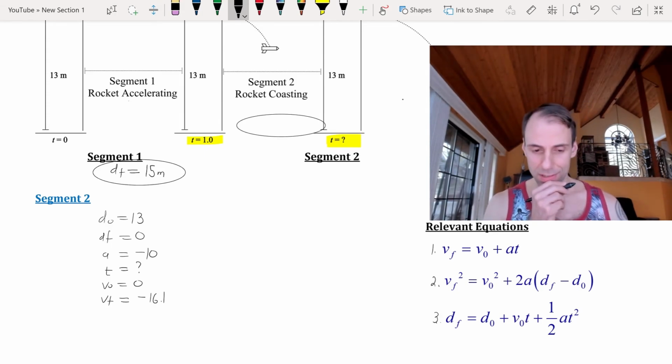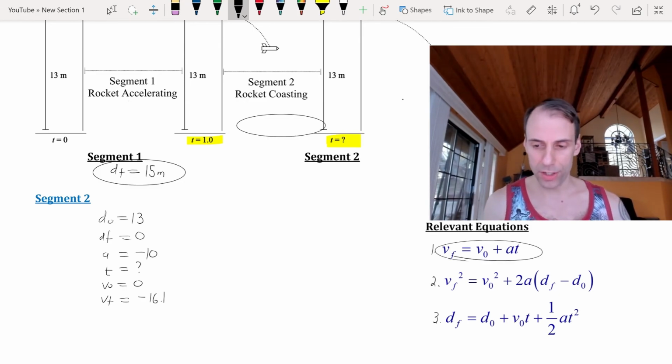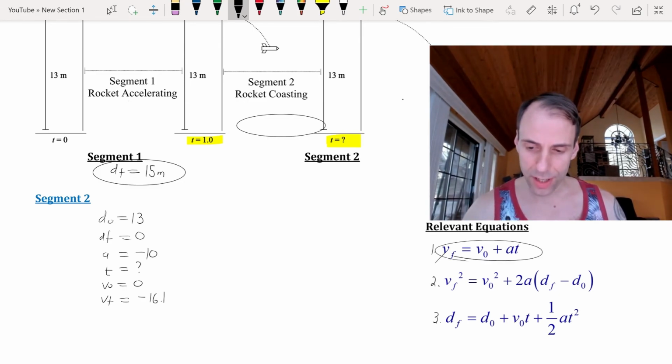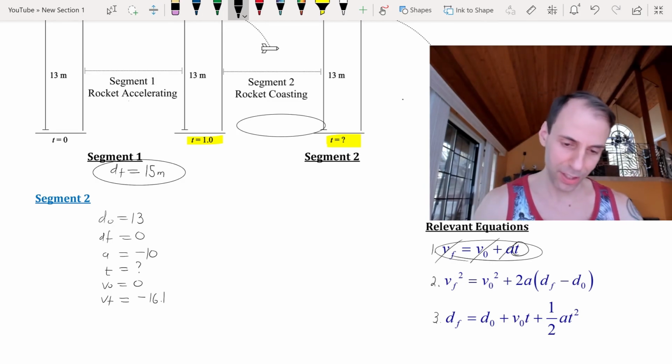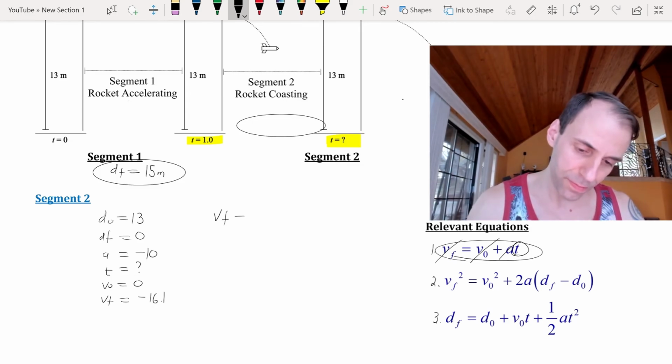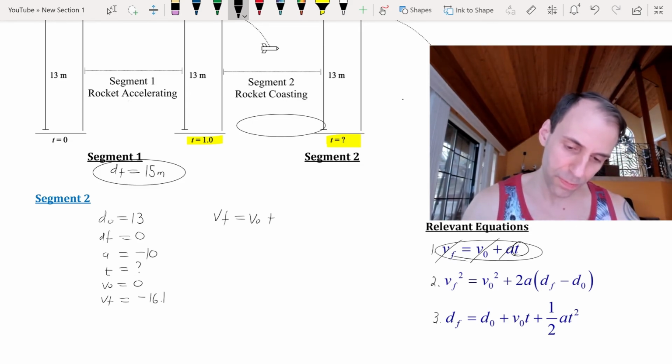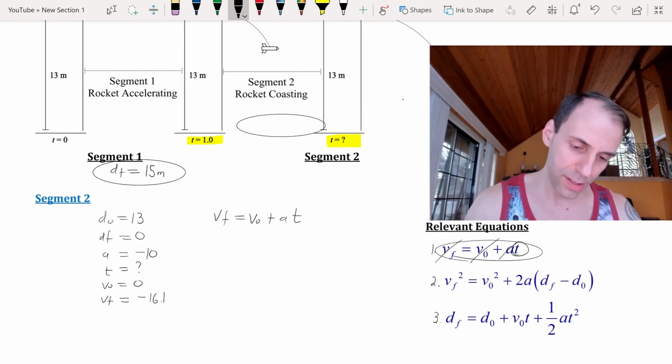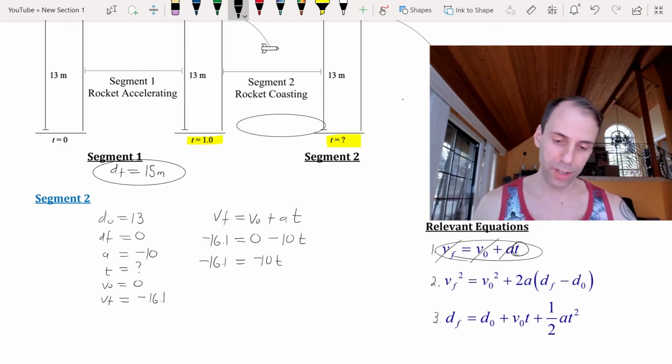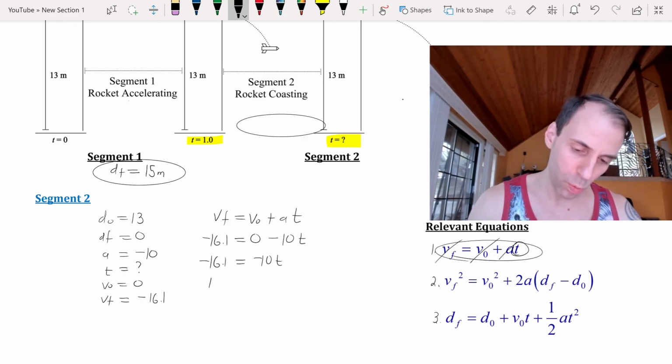And it's easiest to use the first equation. We have the final velocity, we have the initial velocity, we have the acceleration, so let's just solve for time using this. So v final equals v initial plus at, -16.1 equals 0 minus 10t. -16.1 divided by -10 is going to be 1.61 seconds.